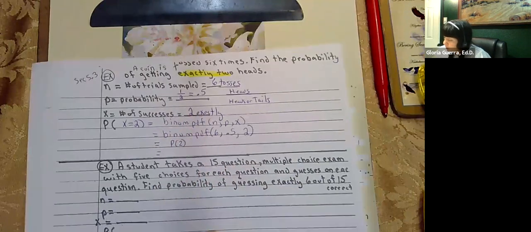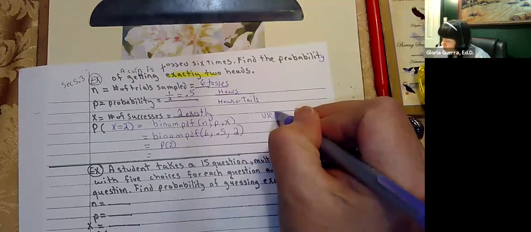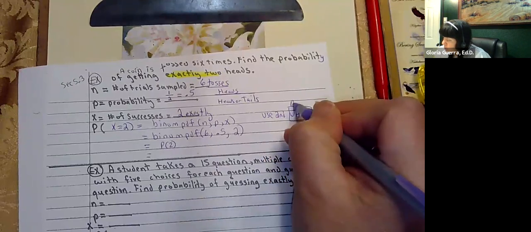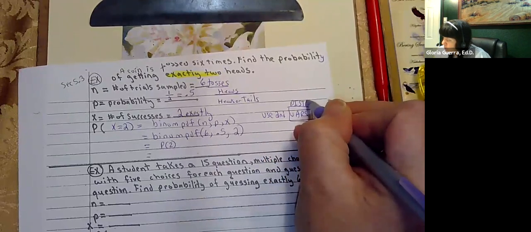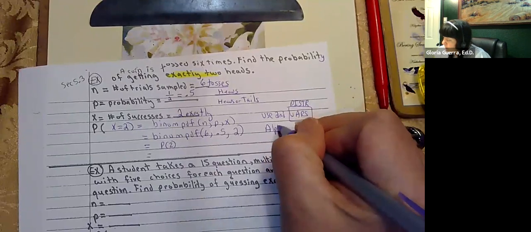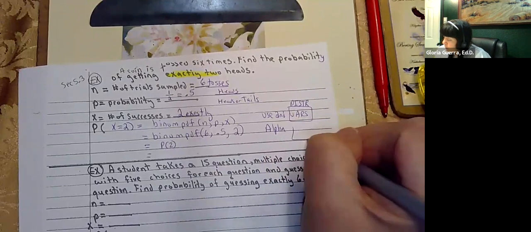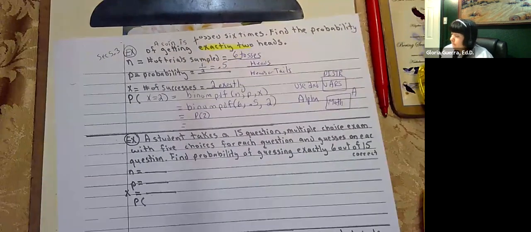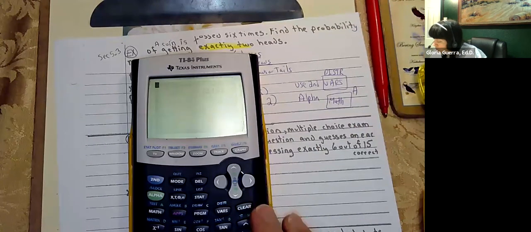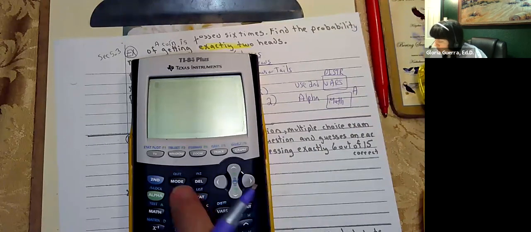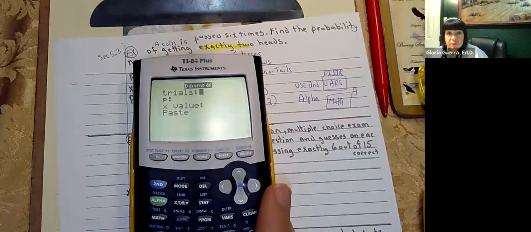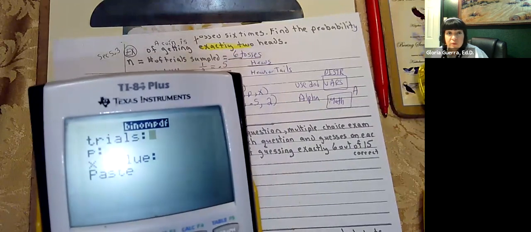And then when you use your calculator, you're going to use second vars, alpha, and then you want the math because that's option A. Okay, so second vars, alpha math, and you see how you see PDF there.